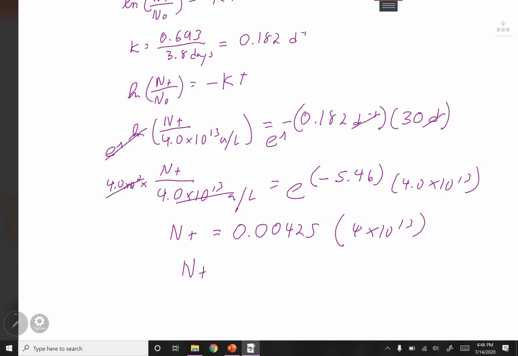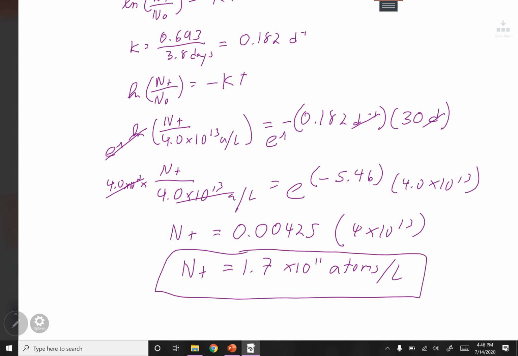Okay, and so our n sub t will be equal to 1.7 times 10 to the 11 atoms per liter. That would be our final answer.